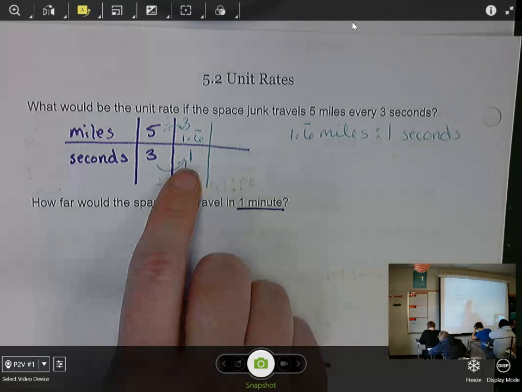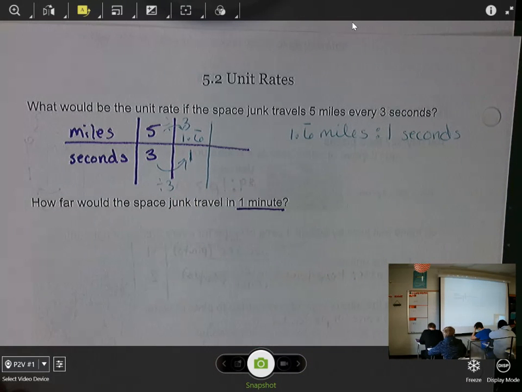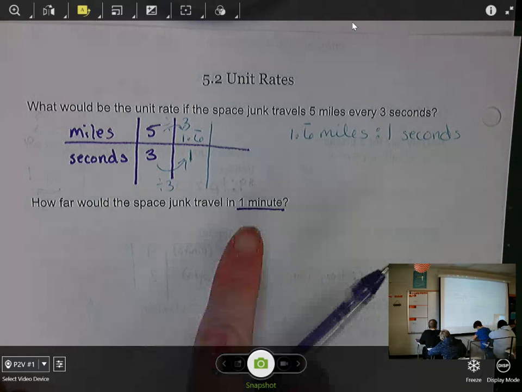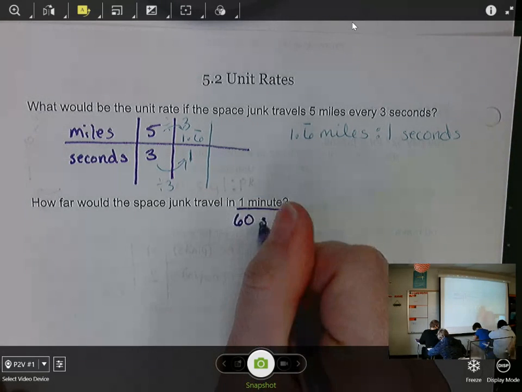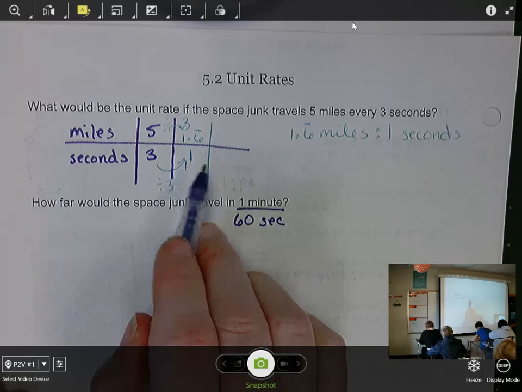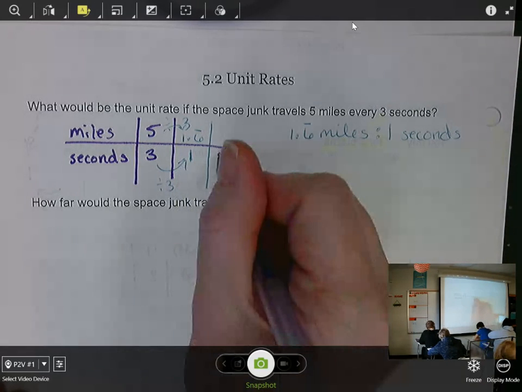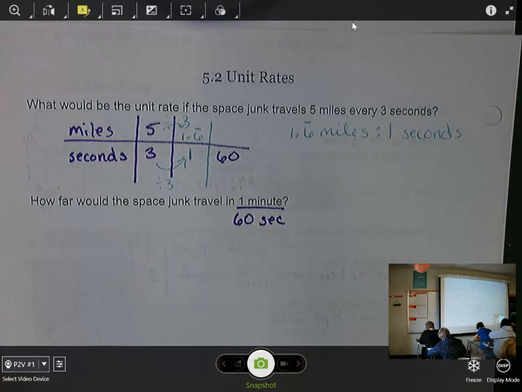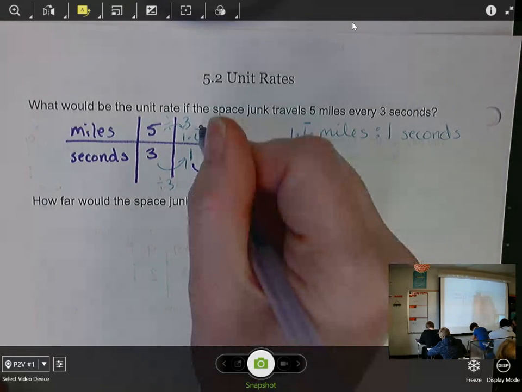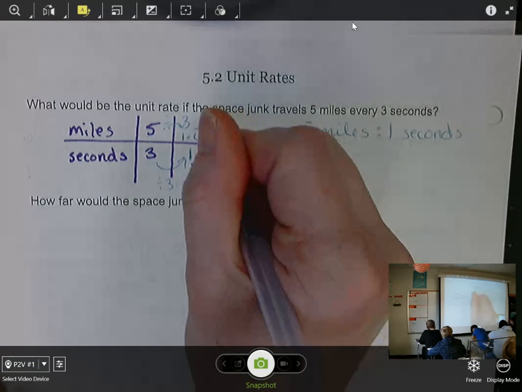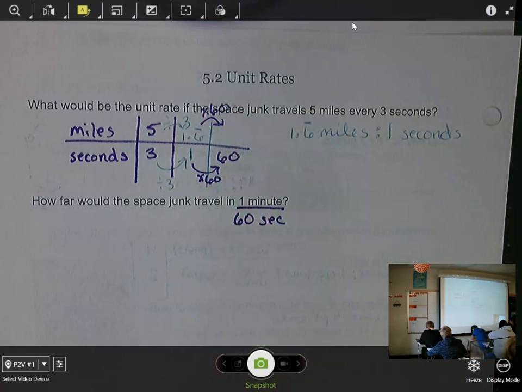It's already got a 1 there. How many seconds is 1 minute? 60 seconds. So instead of making this a 1, you would make it 60 because it has to be seconds. 1 times 60 is 60. So you would just take this number and multiply it by 60 to find the number of miles.